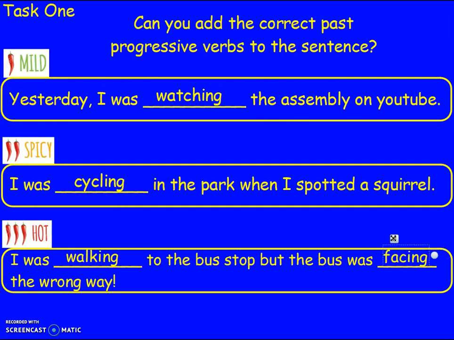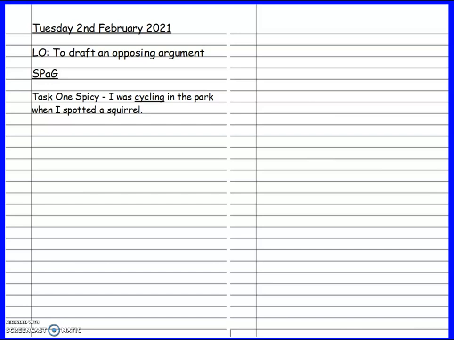Okay, it might have been going the wrong way or driving the wrong way. Give yourself a tick if you think you've got these right. So your book should now look like this. You can underline your past progressive verb. Okay, remember to write task 1 and whether you've done mild, spicy or hot.